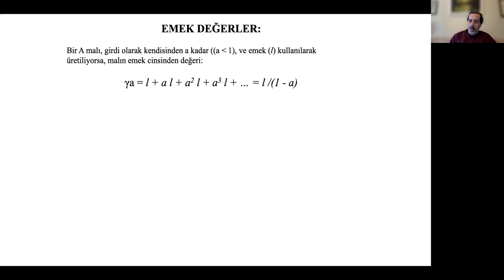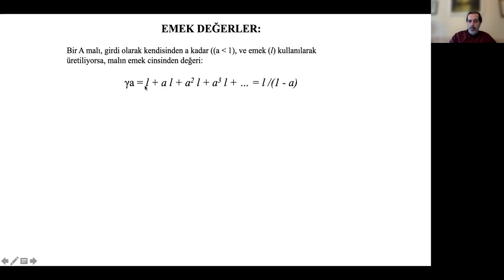The quantity of input that is used to produce the same good must be less than 1. So in order to produce 1 unit of any commodity, we need a quantity of input that is less than 1 unit of the same commodity, of course. On the basis of this, we can say that this expression is about values. What is this? Gamma. This is the quantity of the commodity in question that is used as input.